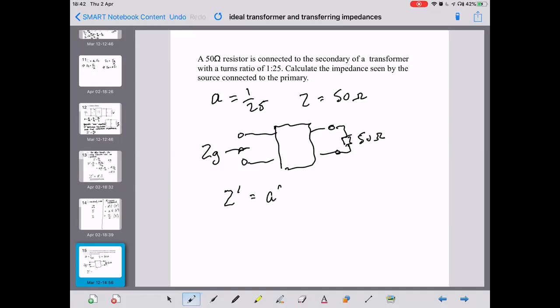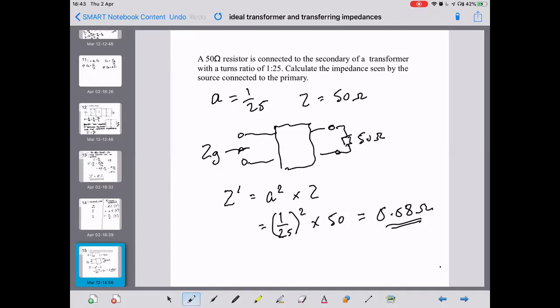It's A squared times Z. So it is 1/25 squared times 50 equals 0.08 ohms.